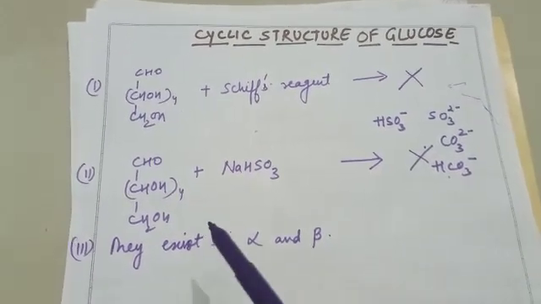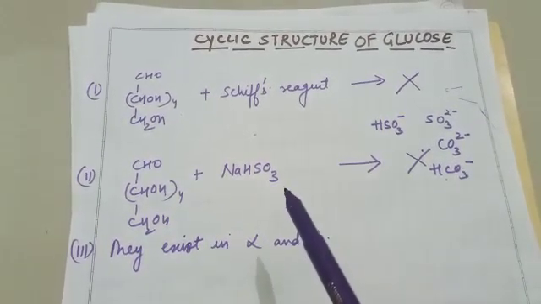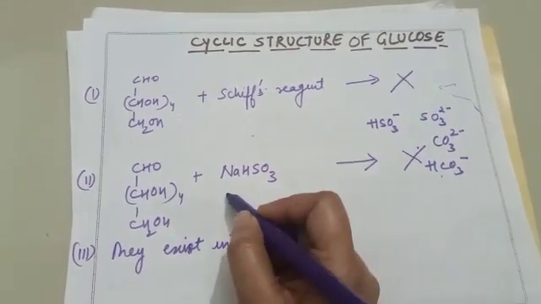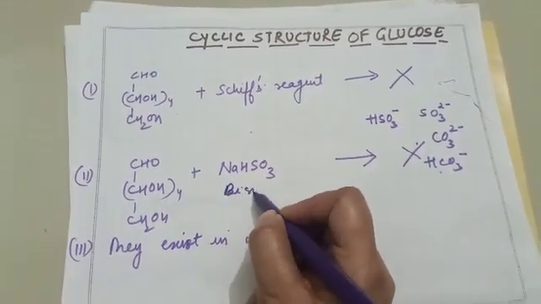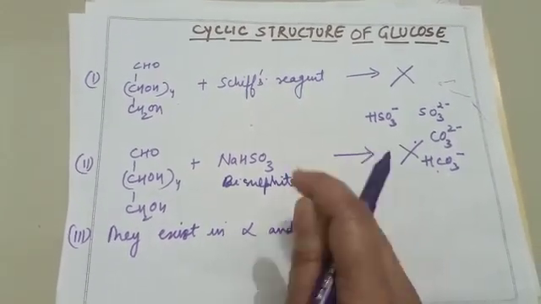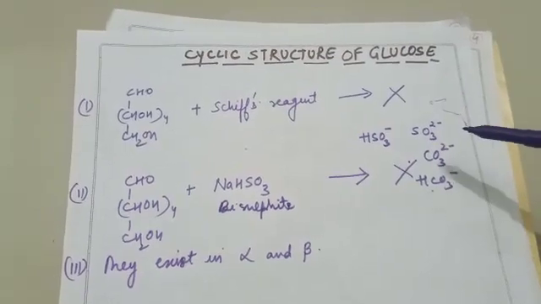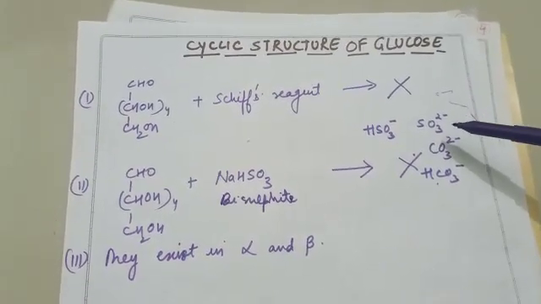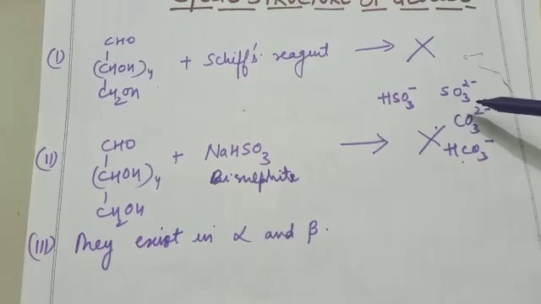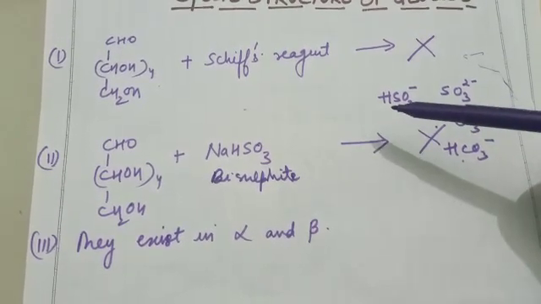Similarly, if the open structure of glucose is treated with sodium hydrogen sulfite, or we can say bisulfite. Now let me tell you what the word bi means. Already in practicals we have read, this is sulfite with 2 negative charges, and whenever we introduce bi it means H is there.